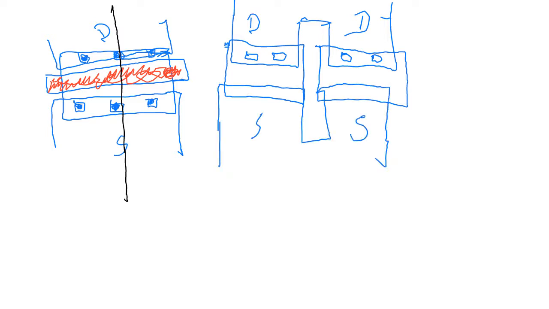This is source, source. Okay, and then the gate is all this. Okay, do you see that? I just divided the transistor, one single transistor, in two different transistors. Okay? Yeah?